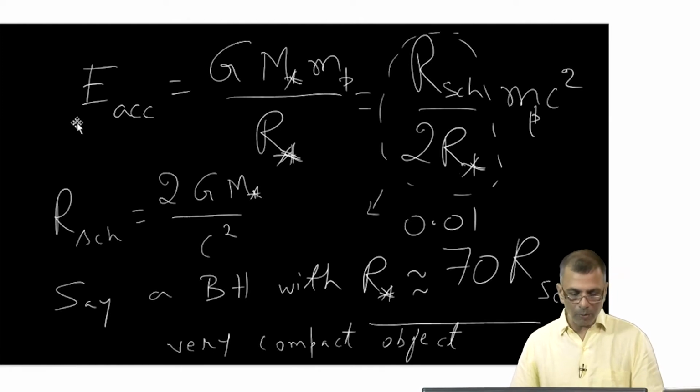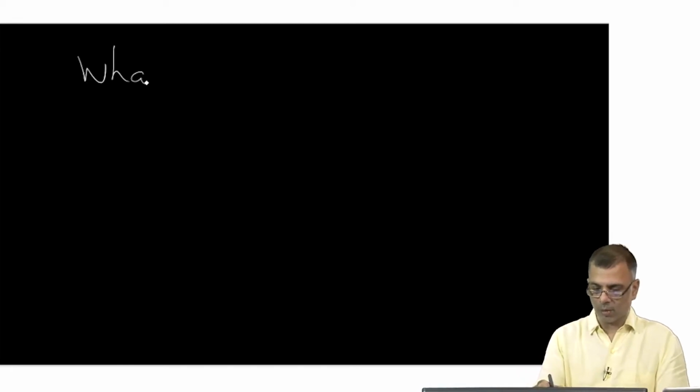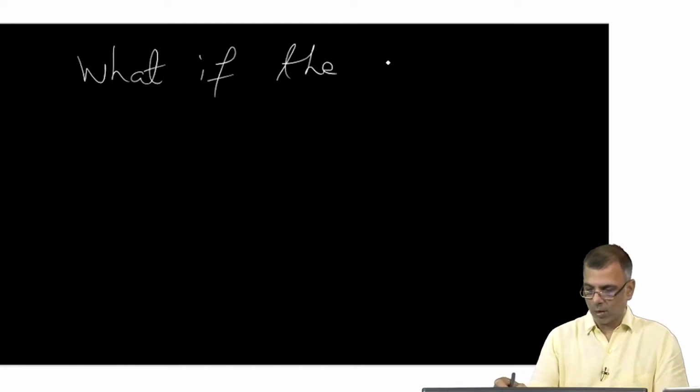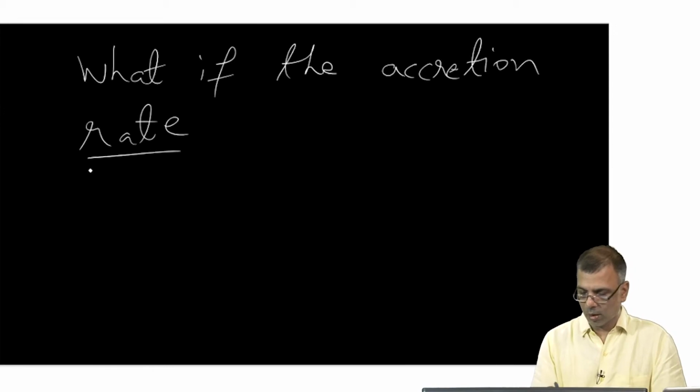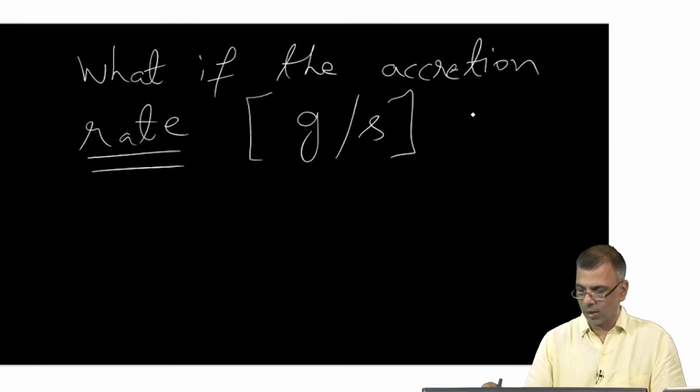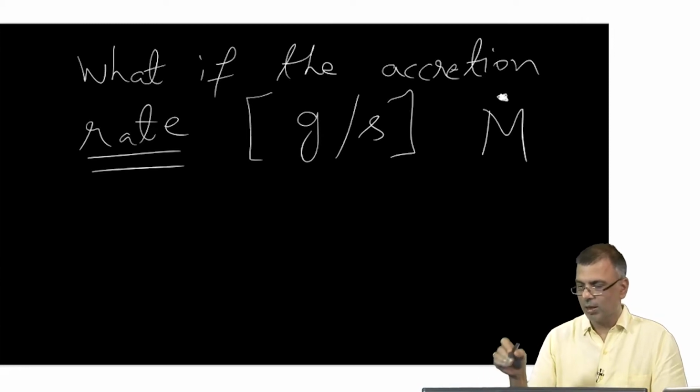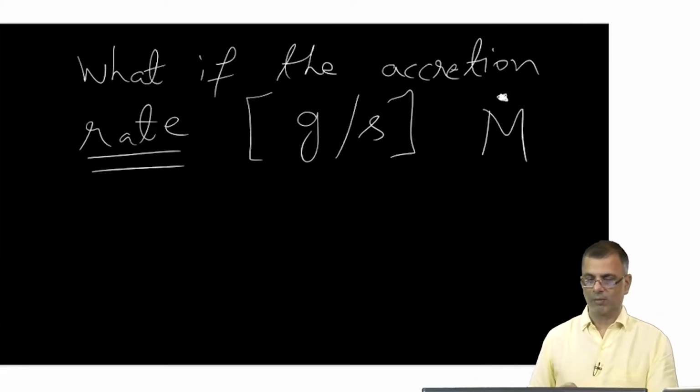Okay. So, in particular, what if the accretion rate, in other words, grams per second, m dot, and this dot denotes a time derivative.